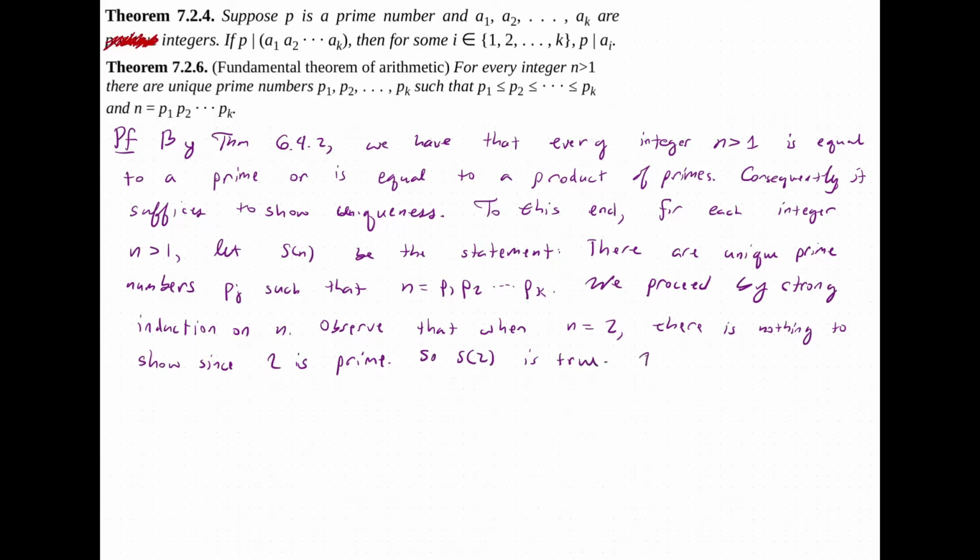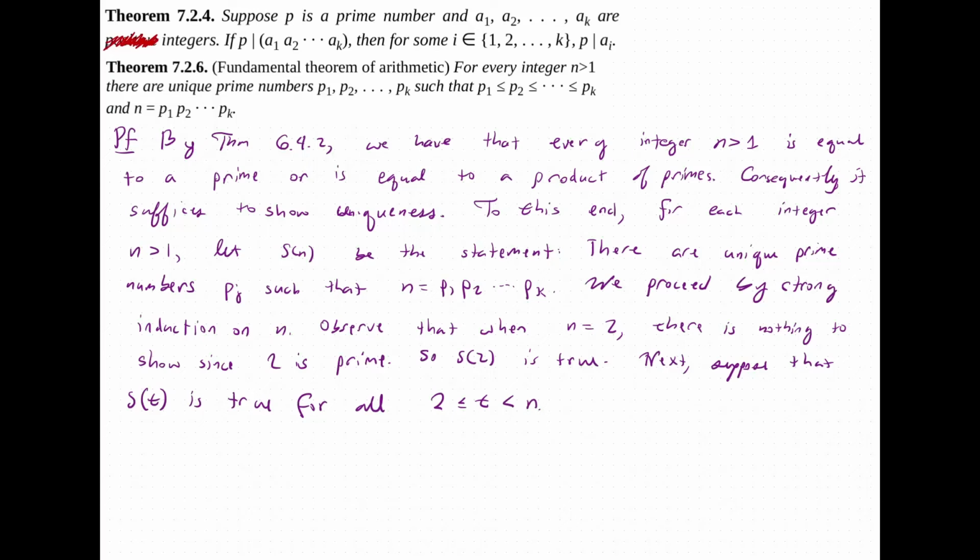Now, suppose that S of t is true for all t's within the interval 2 is less than or equal to t, which is strictly less than n. And so this is our inductive step, and we want to show that S of n is true.